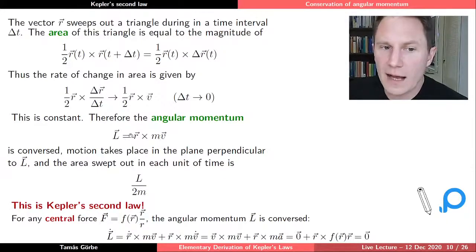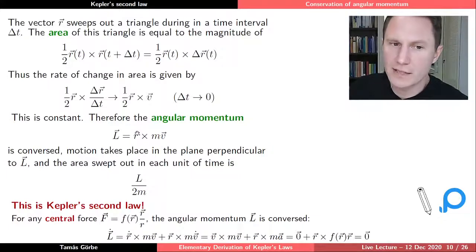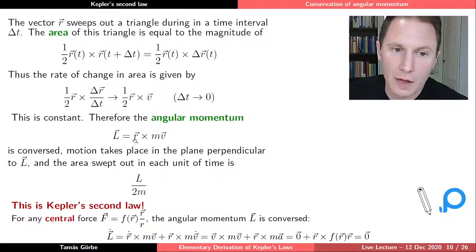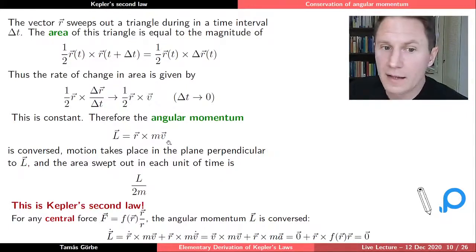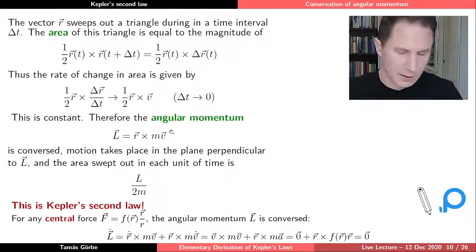So if the size shrinks to half its original magnitude, then the velocity has to double. Okay, so that's the idea.